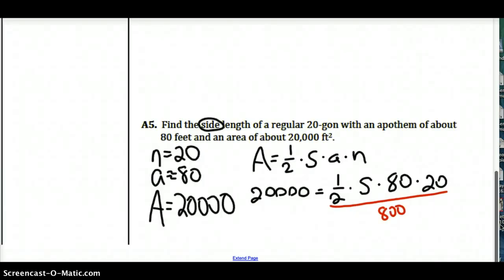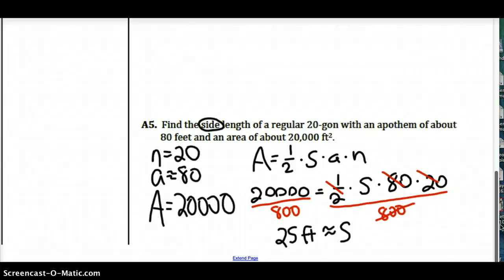I can divide both sides by 800 and take care of the whole kielbasa here. So this and this cancel. And when I go ahead and finish out, I'm going to get S is going to be about, because we're using rounded values to begin with, so we're going to have a rounded result, 25 feet. Now that's a pretty big 20-gon. An awful lot of square footage there.